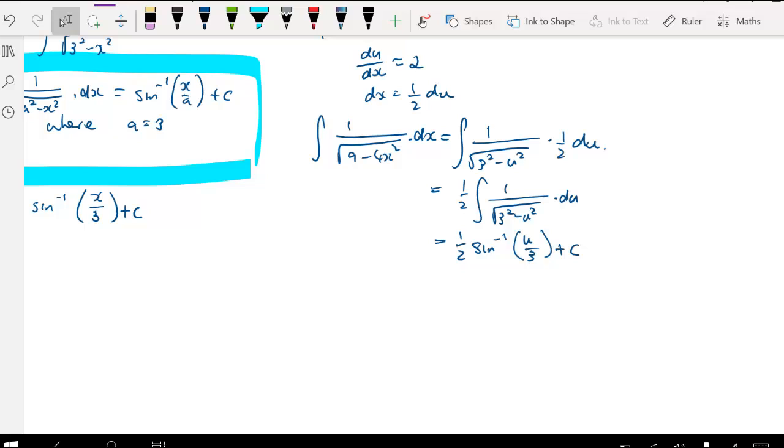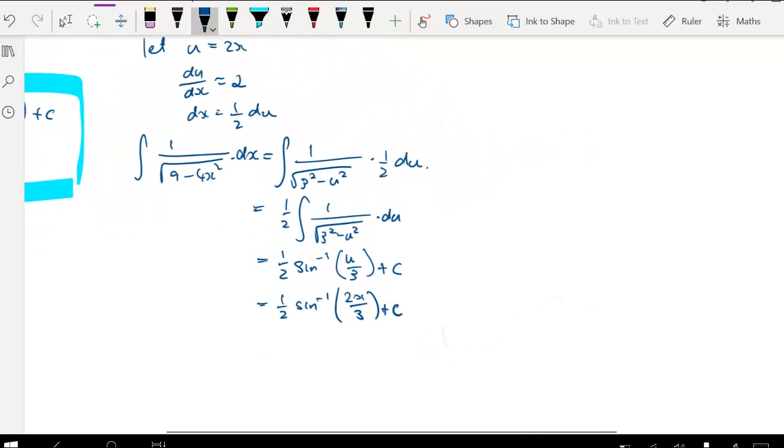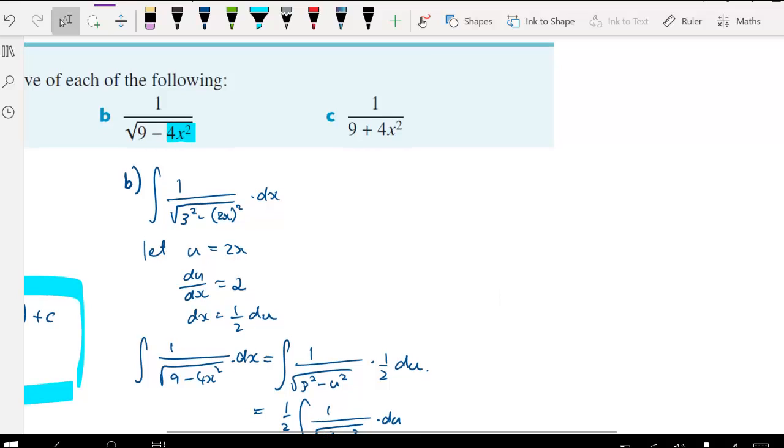And as u is equal to 2x, we've got 1/2 arc sine 2x on 3 plus c. So there's our second integral using the substitution method.